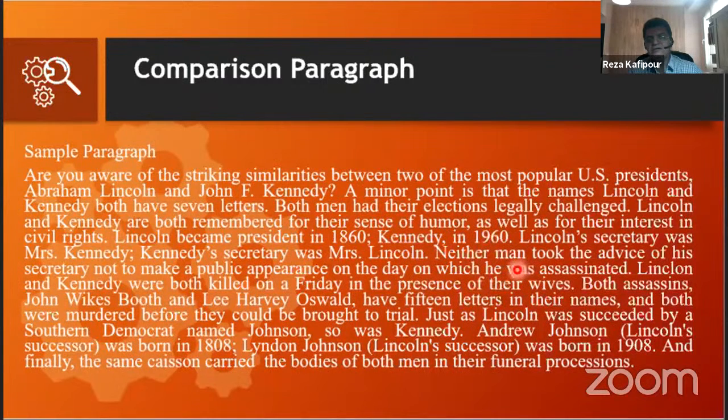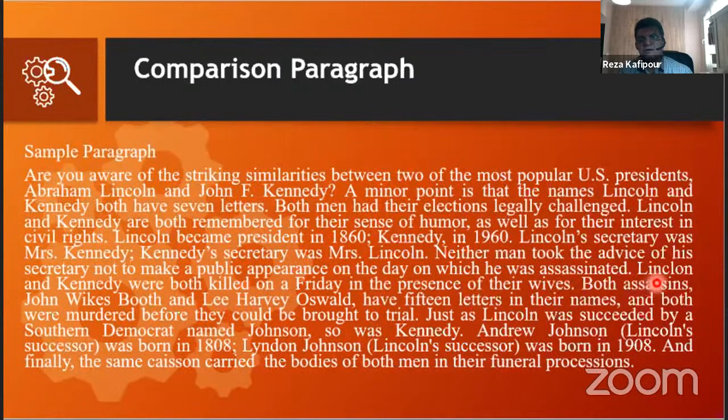Neither man means none of them took the advice of his secretary not to make a public appearance on the day on which he was assassinated. So it showed that we are comparing both persons based on this idea that they didn't pay attention to the advice of their secretary regarding not going to a public place or not appearing publicly.